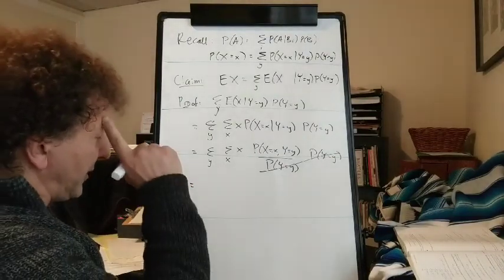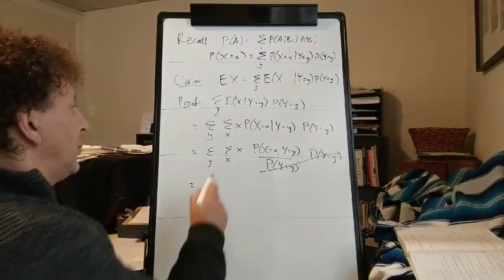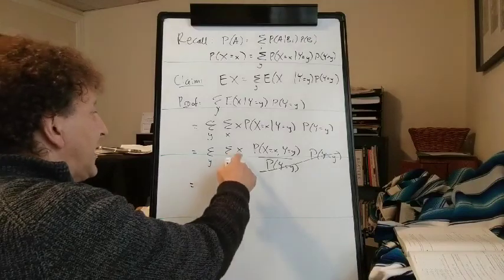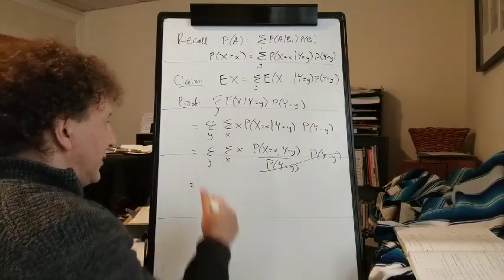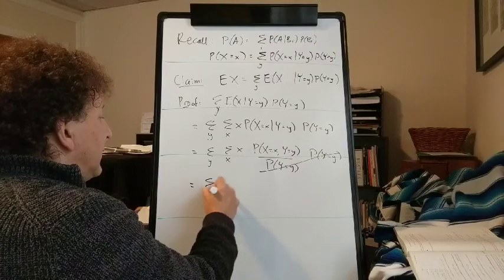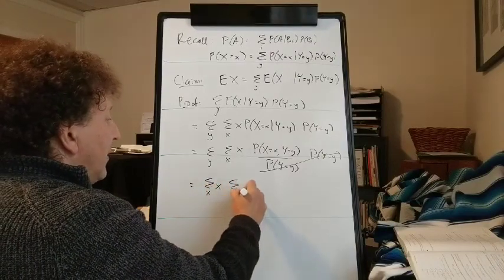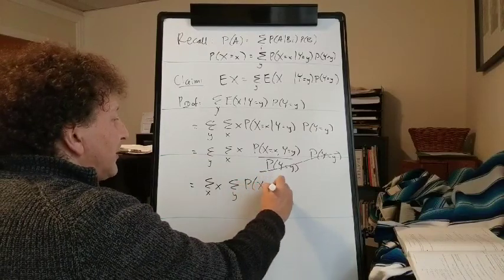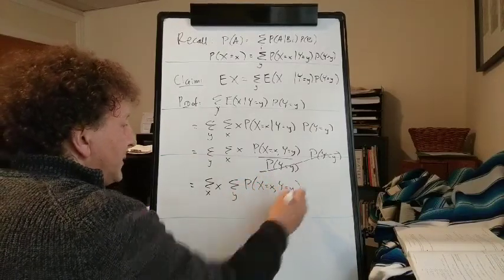Then we can play with the order of summation a little bit. We can move the sum over x outside of the sum over y. We can move x outside the sum over y also, because it doesn't have any y's in it. And then on the inside we have the sum over y of the probability that capital X equals little x and capital Y equals little y.